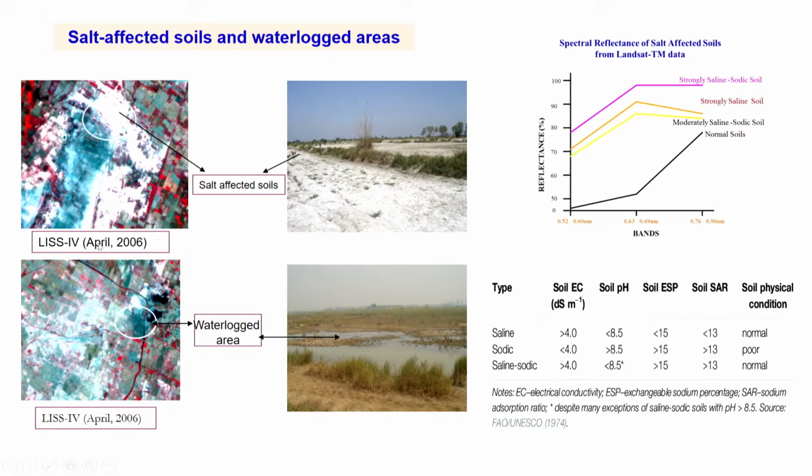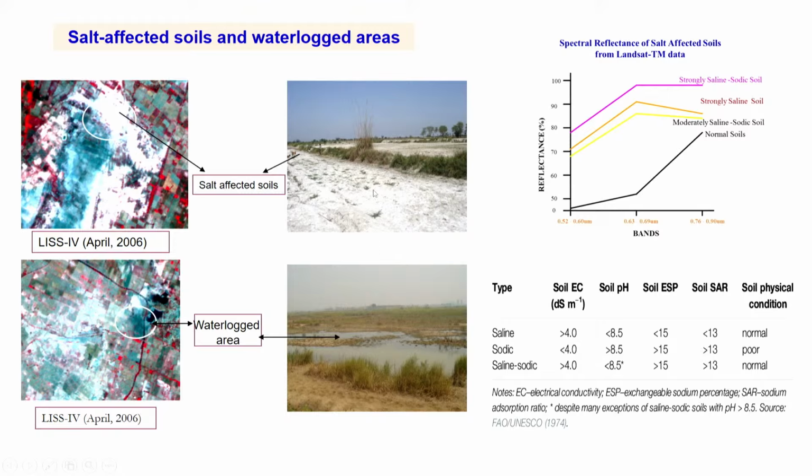So the satellite data was taken in the month of April, and you can see the salts appearing as a whitish tone in this one. So you can easily map the salt affected soils. As I told you previously, degraded soils we can map directly with the reflectance characteristics, because there is a change in the surface characteristics as compared to the normal soil.